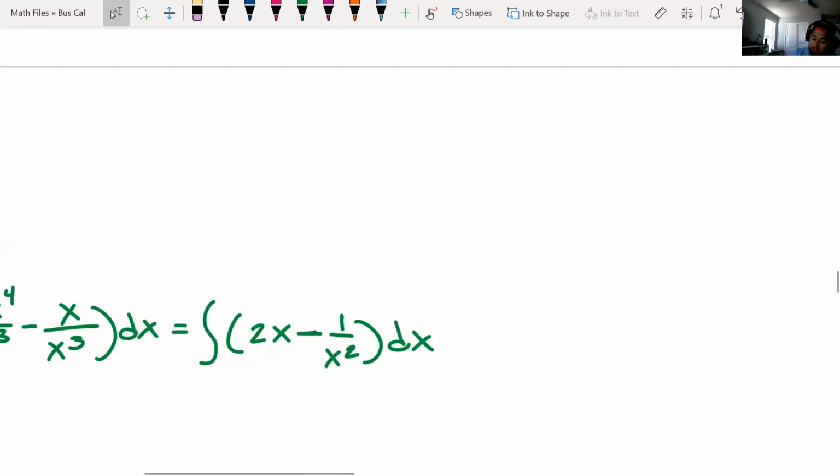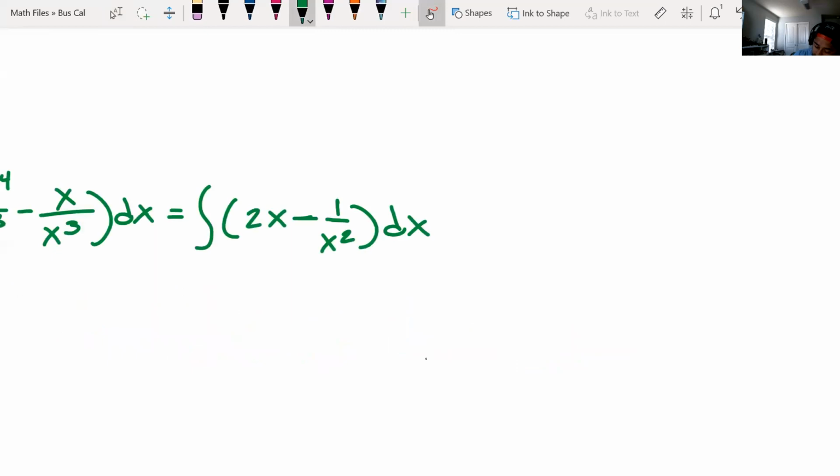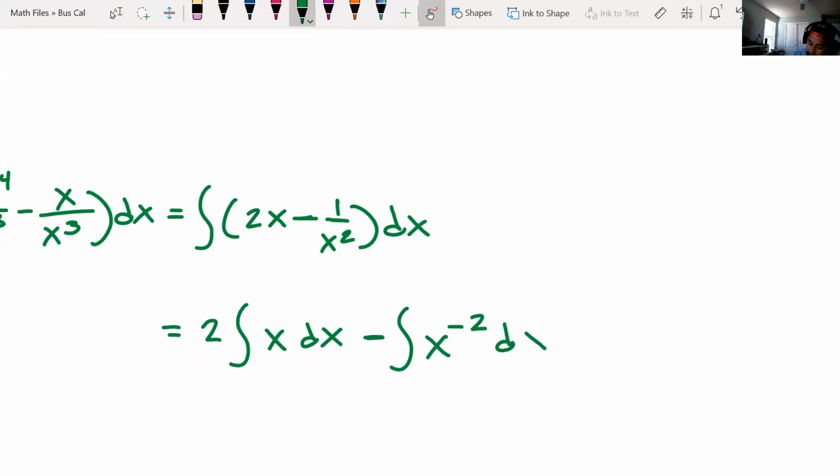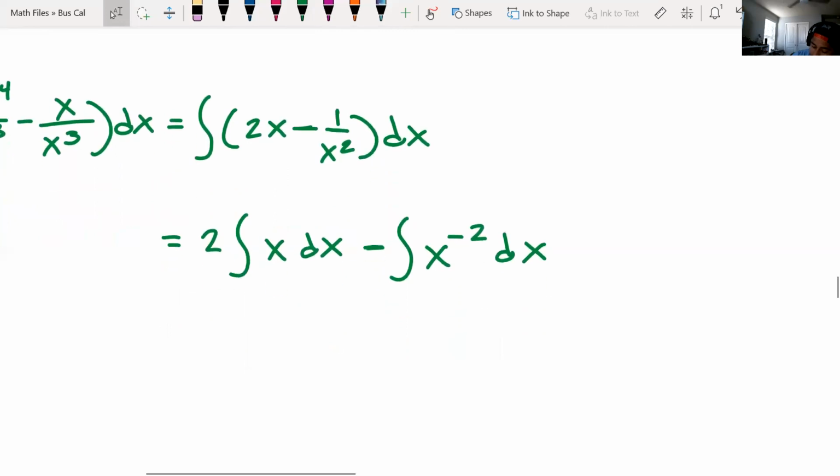All right. And then let's go ahead and split this into two separate integrals. For the integral of 2x, I'm going to take that 2 out and multiply it by the integral of x dx minus the 1 over x squared. I'm going to rewrite as the integral of x to the negative 2 dx. Okay, these are all set. They're ready to go. We do power rule on both of these.